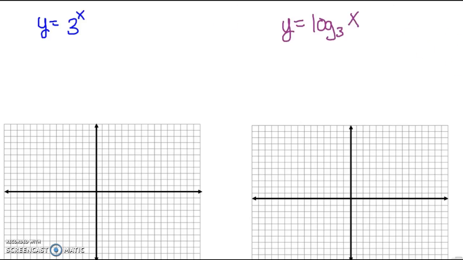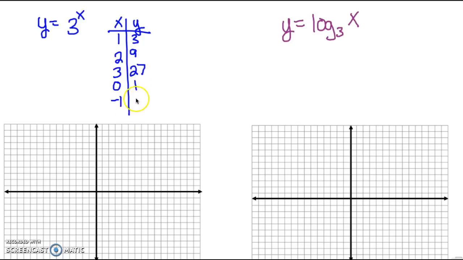They are inverses, so I'm just going to find my x and my y. I guess I could have started with 0, I'll throw it in there, and let's do -1. So 3 to the first is 3, 9, 27. Obviously, I don't have room for that.